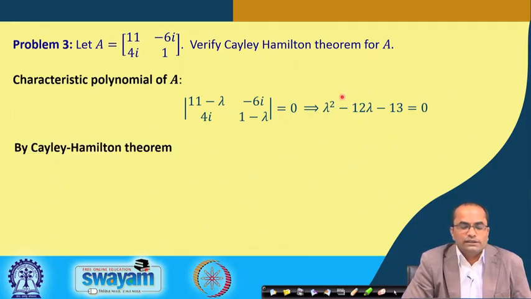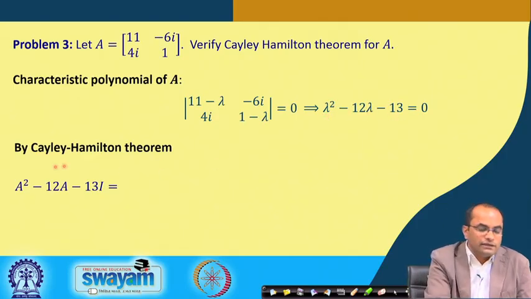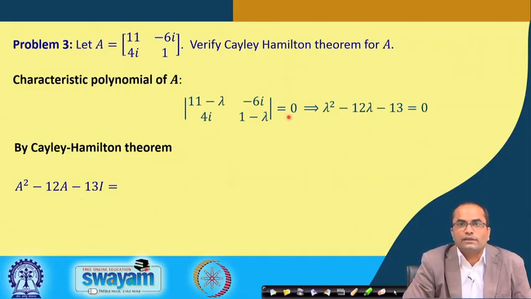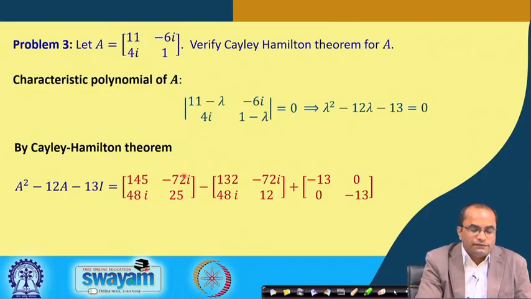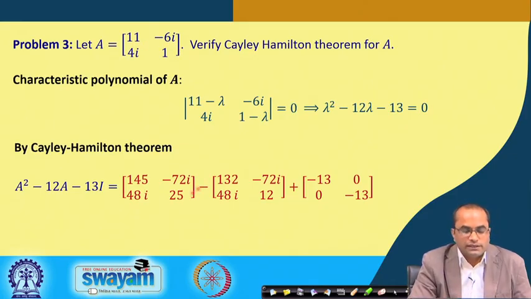And now the Cayley-Hamilton theorem says that this A square minus 12 A minus 13 I should be just 0. So A should satisfy the characteristic equation, and if we compute this A square, that is coming to be here, the product of this A with the matrix A, minus 12 times the A, so 12 is multiplied to each entry of A, and then we have minus 13 I here.